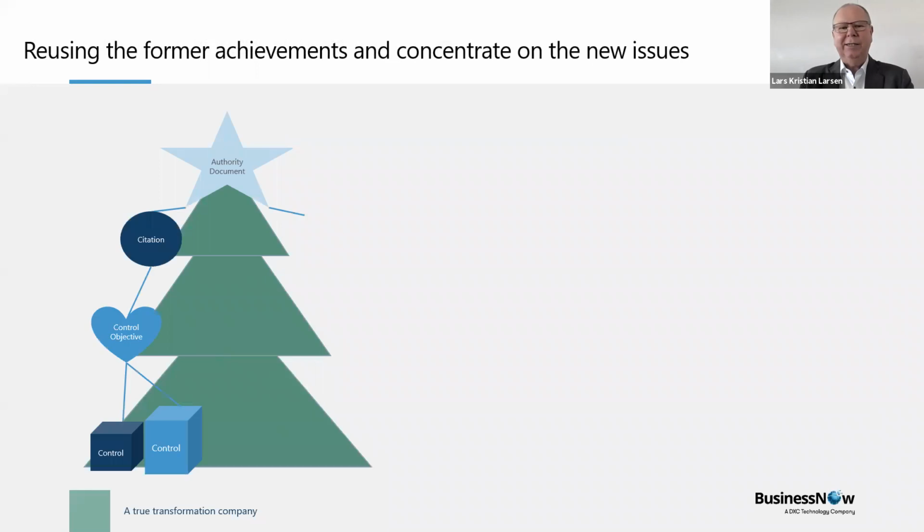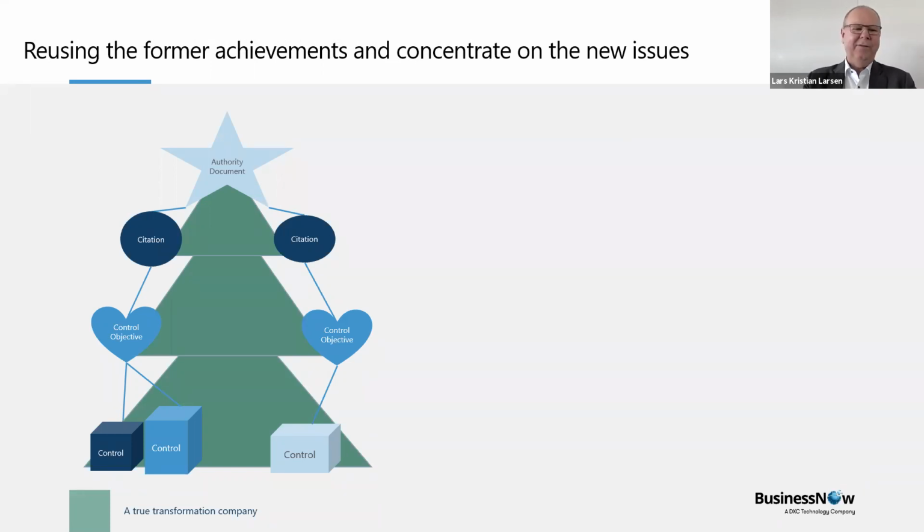In some situations you can also reuse what you have decorated your Christmas tree with: an authority document that you need to uphold, which has some citations. You put in some control objectives, either by yourself or inheriting from UCF. And then you have some controls that are being done within your organization by some of your departments, by some systems that you have, or even by vendors.